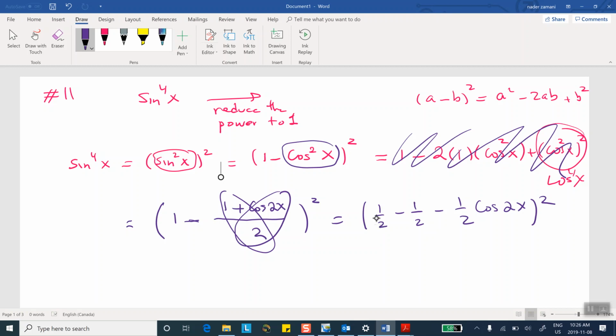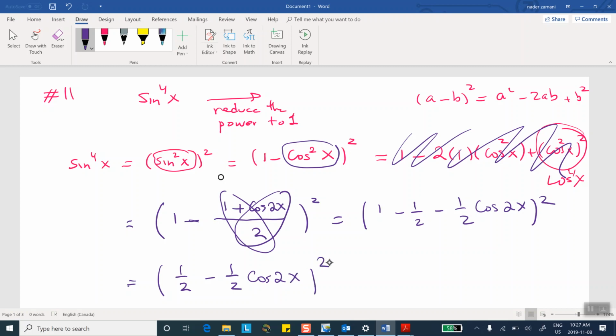Oh, I'm sorry. This was not 1/2. This was a 1, right? Yeah. Let's clean it up now. So 1 minus 1/2 is 1/2, minus 1/2 cosine of 2x, to the power 2.